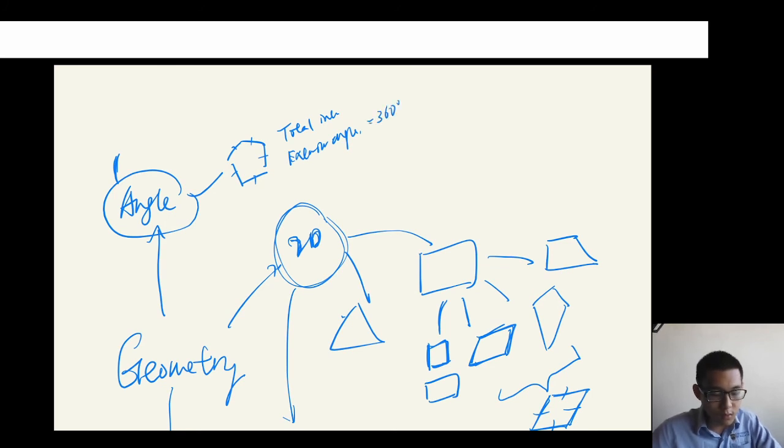This one you need to understand: the total, the sum of exterior angles. For the total interior angle, we use the formula 180 times n minus 2, right? When the polygon is regular, we divide it by the number of sides.